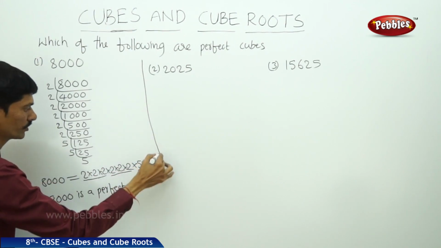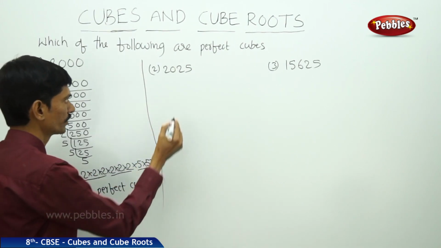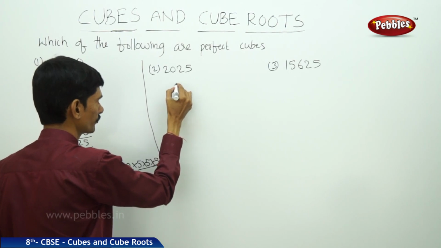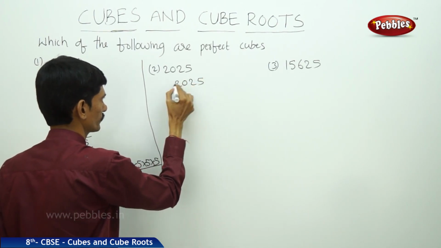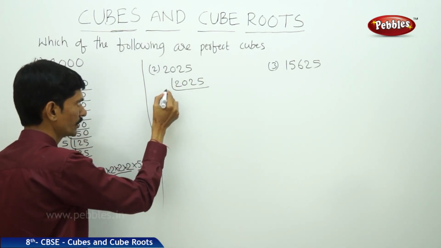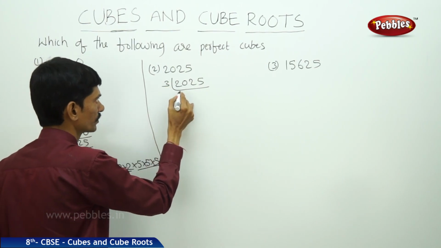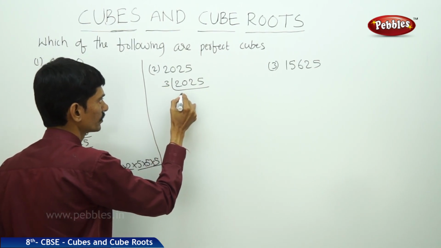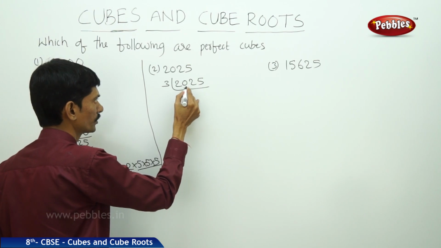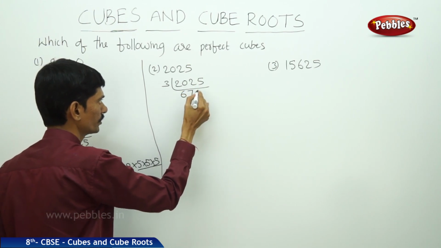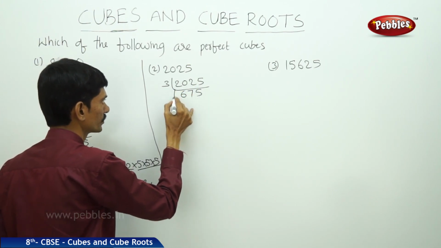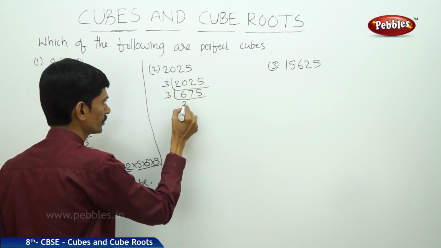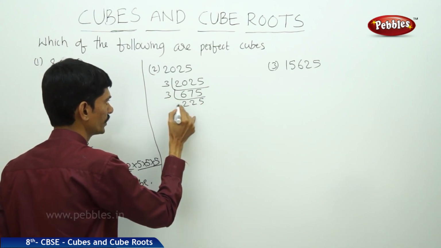Next we will take the second question, 2025. So we will factorize 2025. Take the 3 table: 3 6s are 18, 2 remainder, 3 7s are 21, 3 5s are 15. Next 3 table, 3 2s are 6, 3 5s are 15.